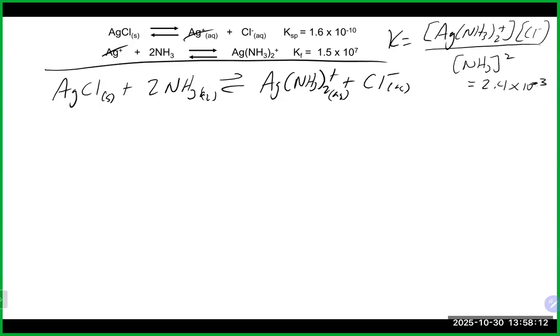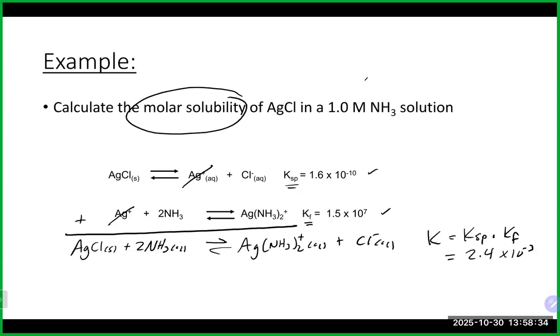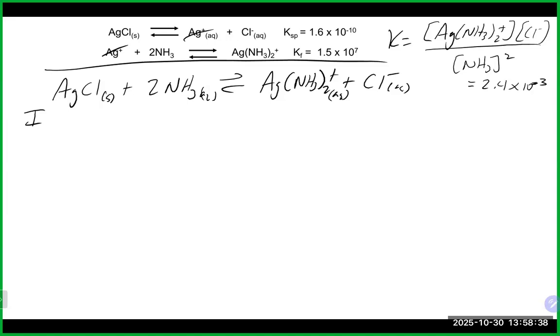All right, so we're going to do our ICE table like we do for a Ksp problem. This is a little bit different because not only on the left-hand side do we have a solid, but we also have something that should be included in the equilibrium expression: the ammonia. And we do know the concentration of ammonia is 1 molar here, so we do have that concentration.